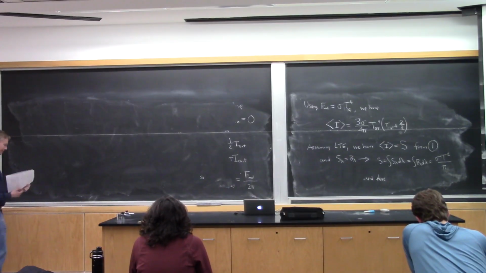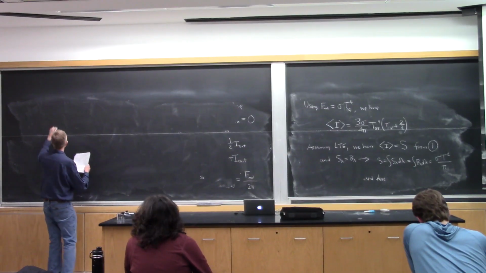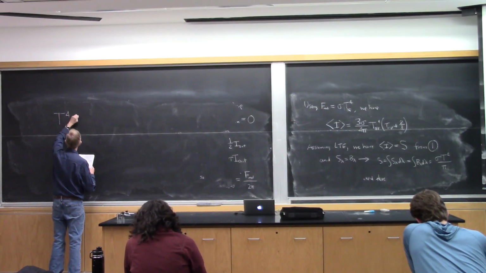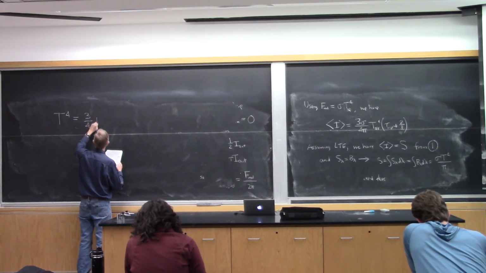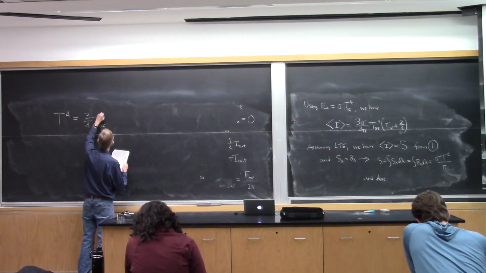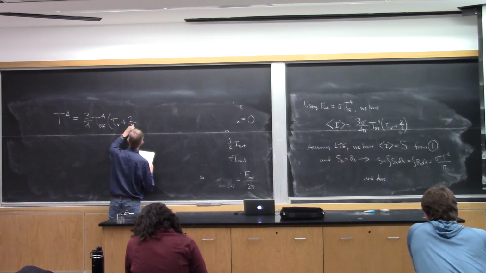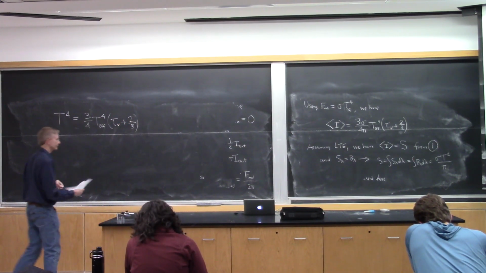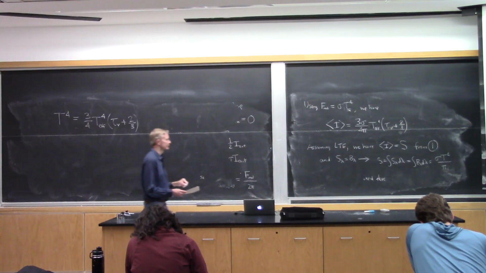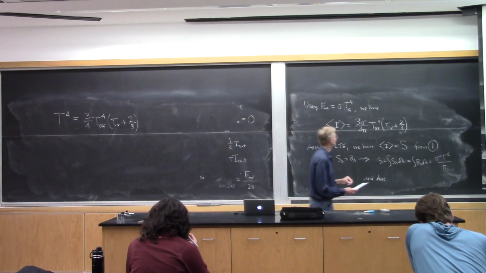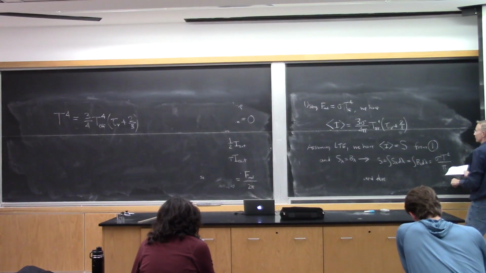In other news, and thus, what we get out of all this is the glorious T to the fourth is equal to 3/4 T_eff to the fourth times tau plus 2/3. In other words, I is equal to S, and S is sigma T to the fourth over pi.